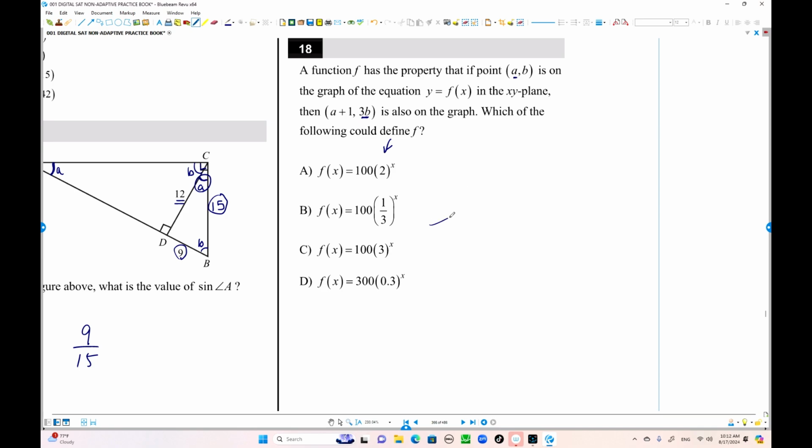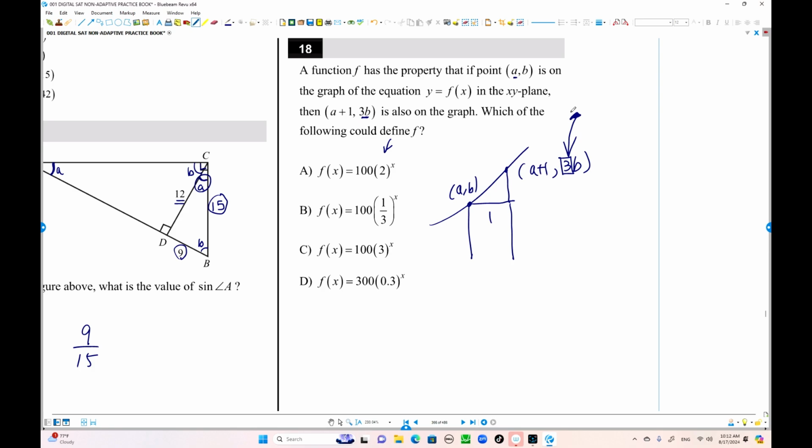If this is A and B, then at A plus 1 that is 3B. 3 times whatever, increased by 1. This is the scale factor, the growth factor, 3 times.